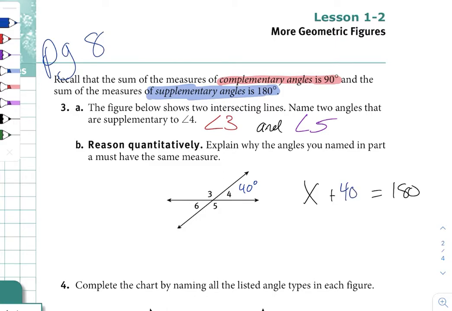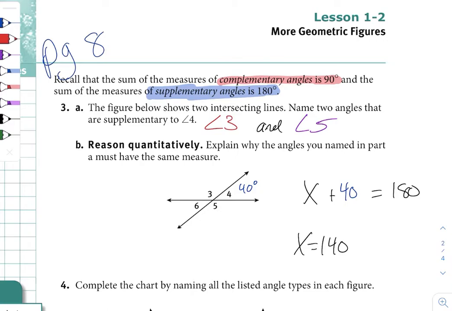Well, if the angle I'm adding in this case is 40 degrees that we see here, if I solve for x, x has to be 140. The only number that would add with 40 to make 180 degrees is 140. So any angle that's supplementary to a 40-degree angle has to also be 140 degrees.